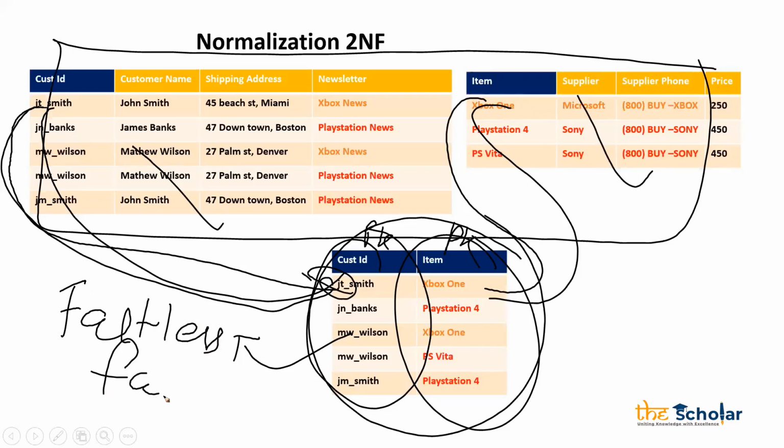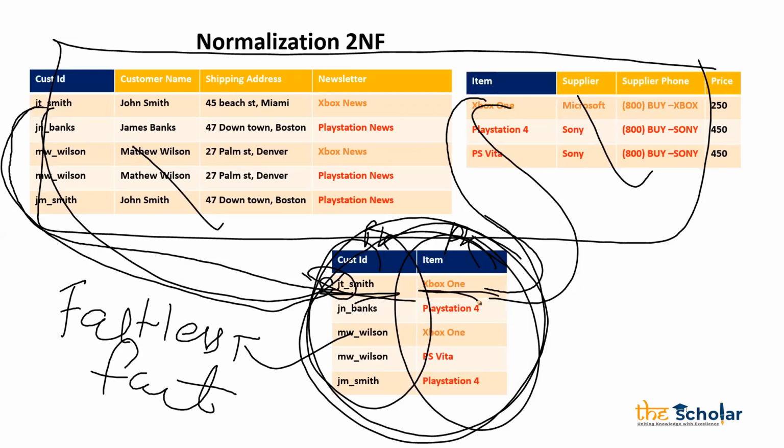If you guys remember, we had a discussion about different types of facts. So I have a table where I don't have any facts. It is helping me to join the two tables because of the combination of the primary keys.